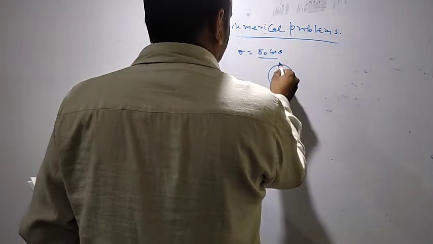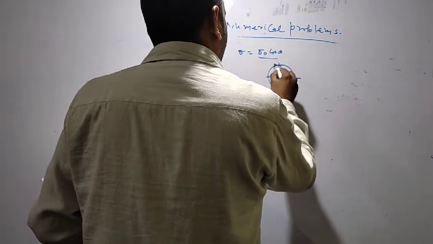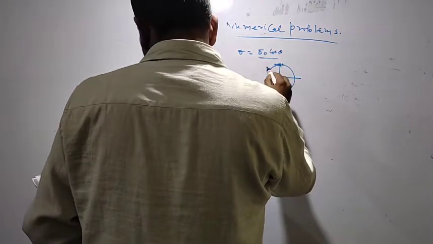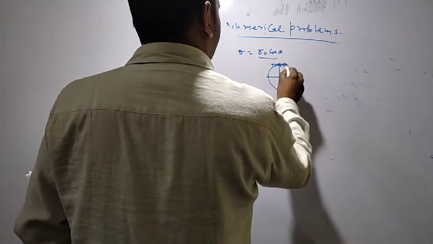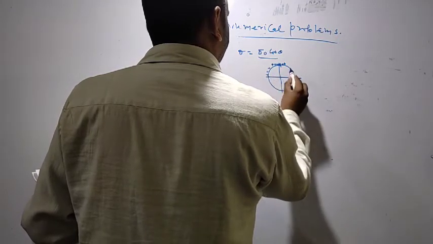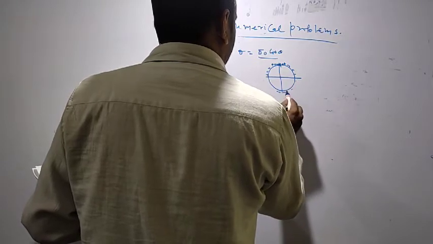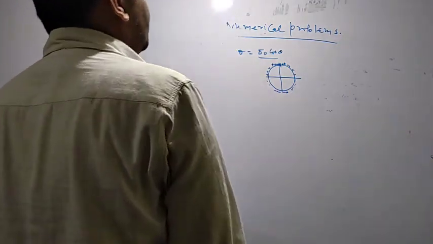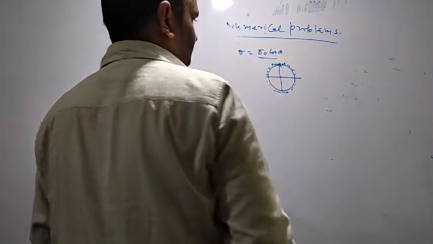So the maximum amount of charge will gather at this point, positive, and it goes gradually decreasing, but same sign. And here it will be negative charge, the maximum charge will gather here, and gradually the amount will decrease. You understand this? Because cos theta does this. For 0 degree it is going to be maximum.